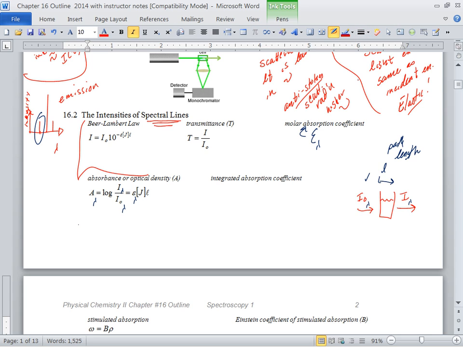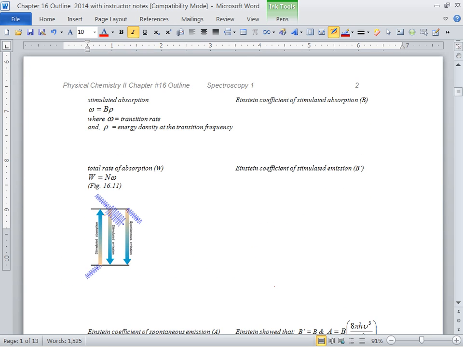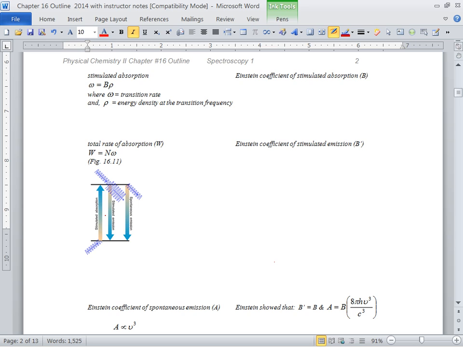Incident intensity and transmitted intensity, and then you could measure things like transmittance or absorbance, right? So there are expressions to actually measure the attenuation of light, right? Okay, so we'll pretty much wrap up this first day, so there'll be homework due over the weekend.